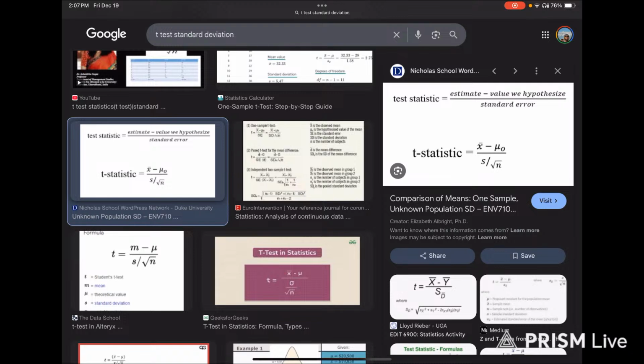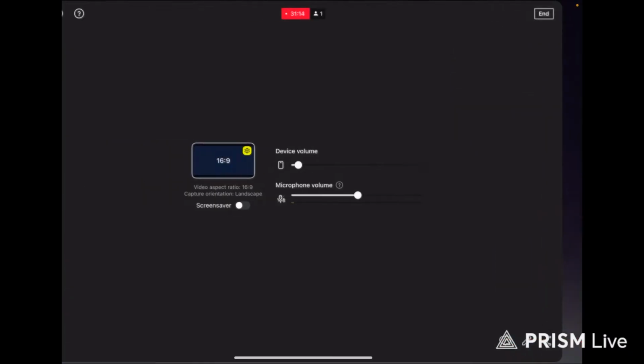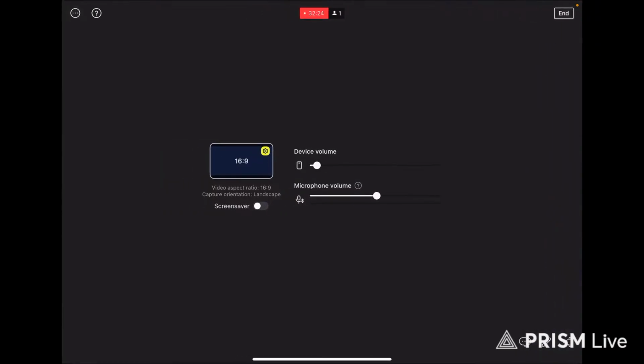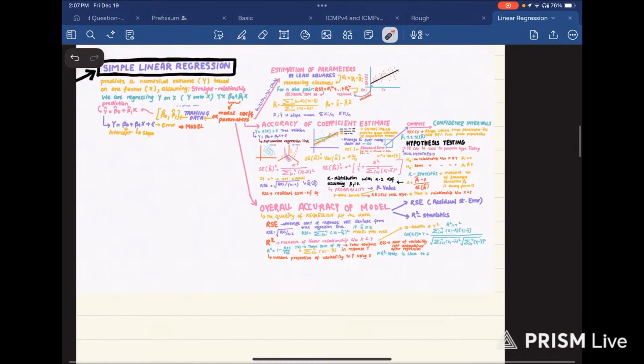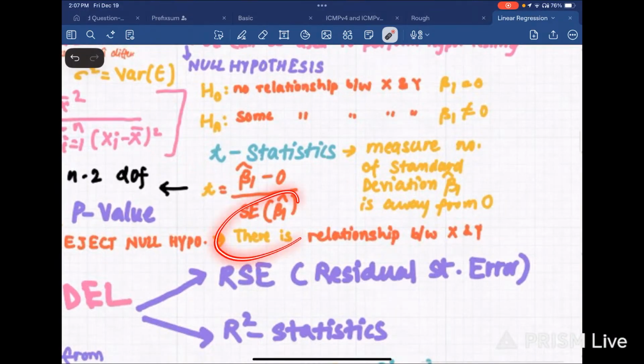This is the test statistic: the estimated value minus the value hypothesized under the null hypothesis, divided by the standard error we calculated before.